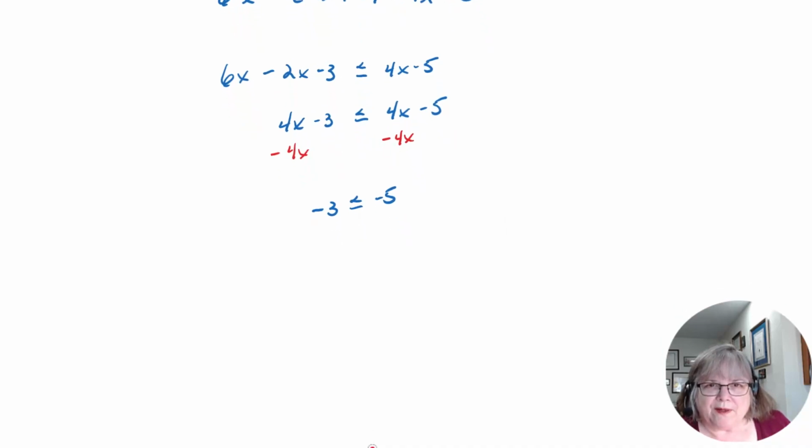Now, depending on how comfortable you are with negative numbers, let's look at this. Is negative 3 less than negative 5? Not really. If you're thinking about your bank balance, negative 5 is even less money than negative 3. So negative 3 is not less than negative 5, and it's not equal. If you're not comfortable with negative numbers yet, let's just keep going and say, okay, I don't want my 3's on this side.